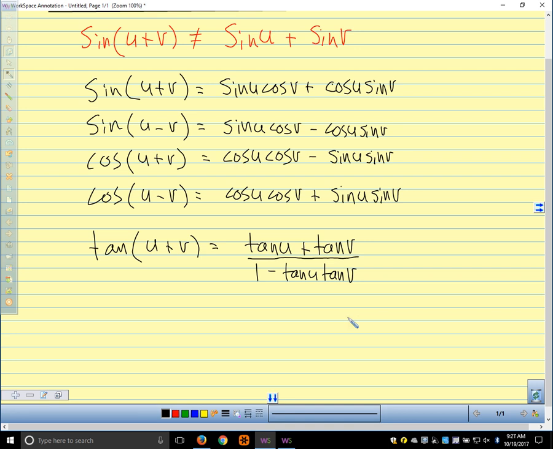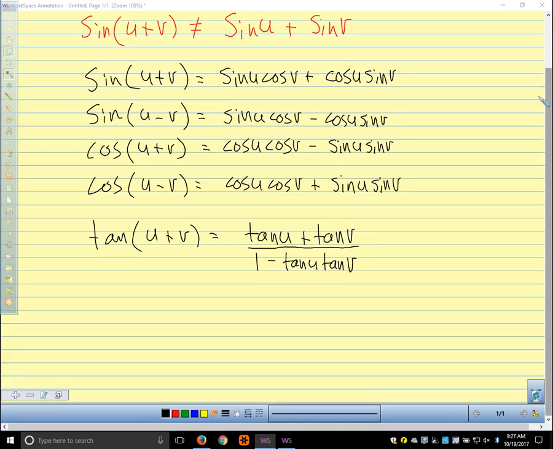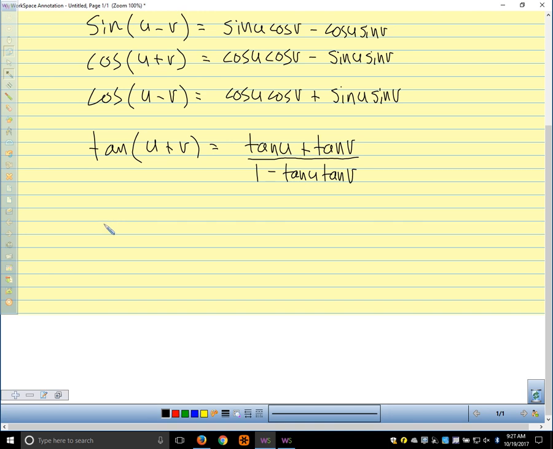Now the tangent formulas are kind of nice because they're just tangents. Tangent of u minus v is tangent u minus tangent v. So that's pretty nice. But it's a fraction, over 1 plus tangent u tangent v.